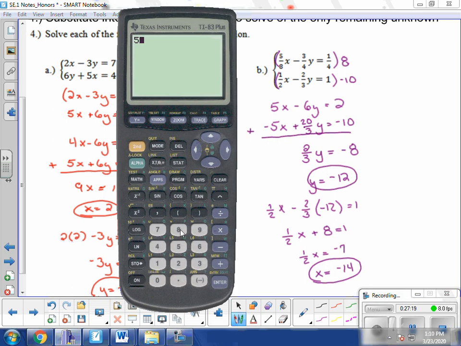So I put the y and the x in the wrong spot. So this should be a -14 for x, and then a -12 for y. And now it does check out with the first equation. And it does check out with the second equation as well. So making sure you put the x and the y in the right spot are important.